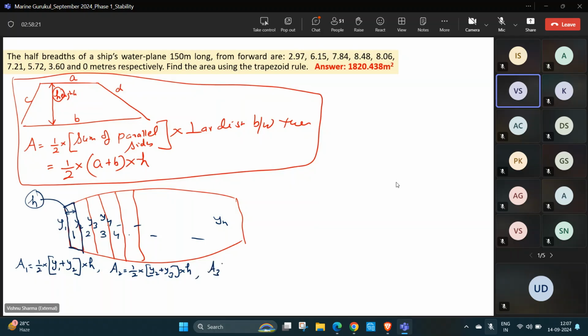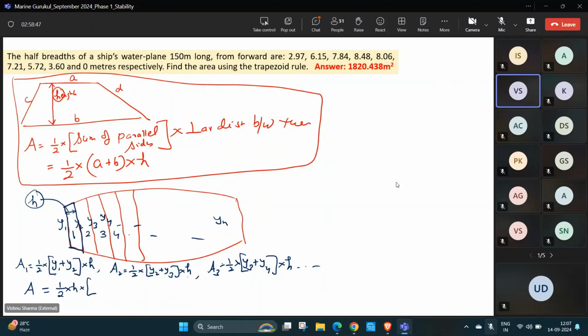A3 will be equal to 1 by 2 into (y3 plus y4) into h. And like this, we can write areas for n number of trapeziums. The total area will be the sum of A1 plus A2 up to AN. And in all these, 1 by 2 h comes common, and then everything in the bracket gets added.